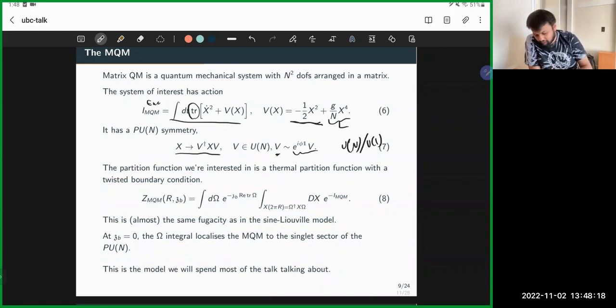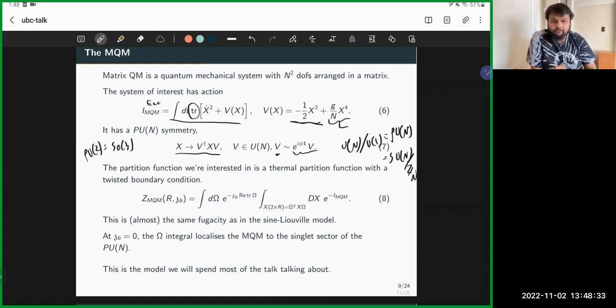This is called the projective unitary group. It's also SU(N) mod Z_N. So for the N equals 2 case, PU(2) is just SO(3). Okay, so there's a particular representation theory for this group, and it is what turns up.